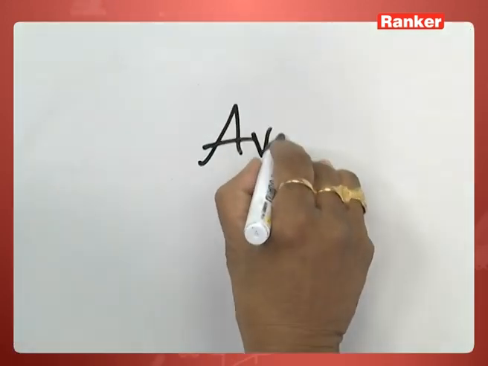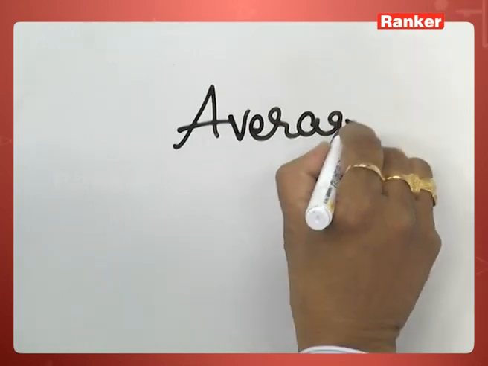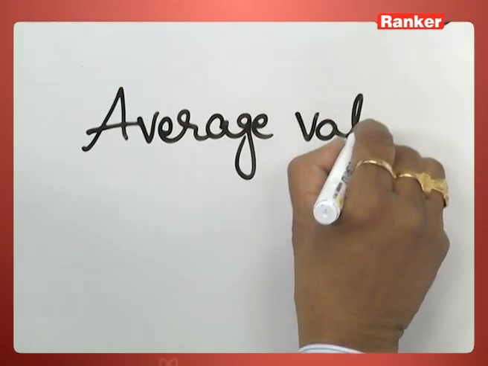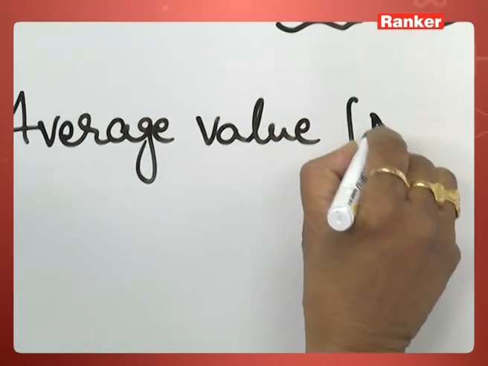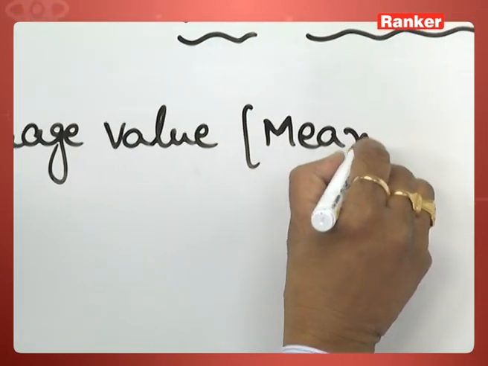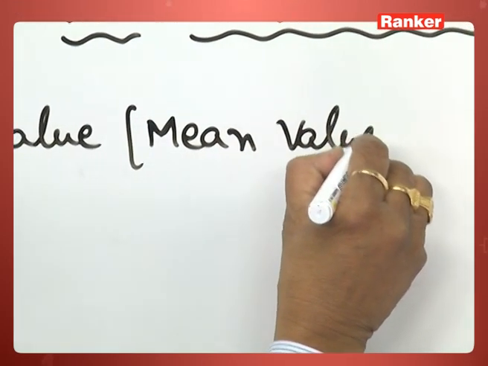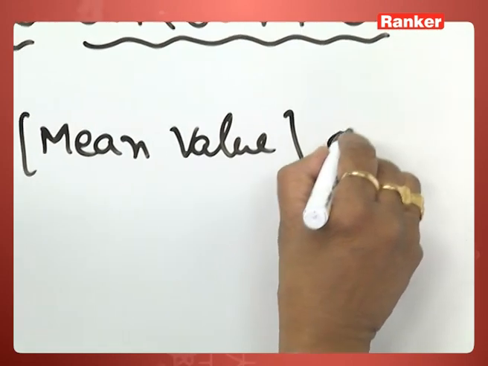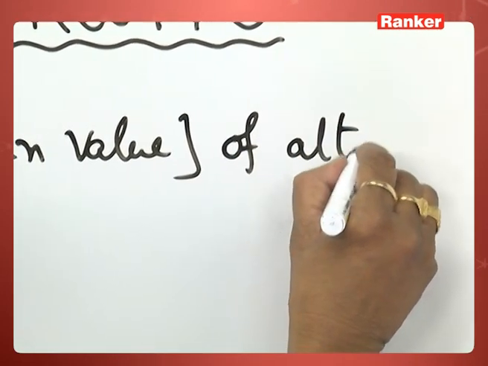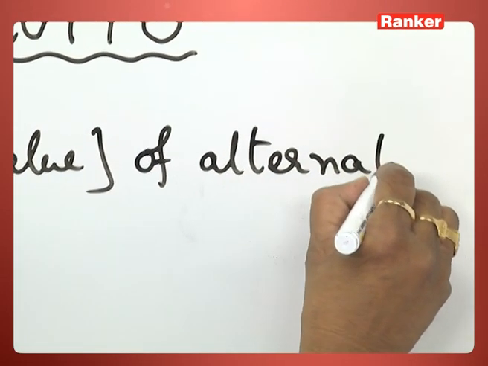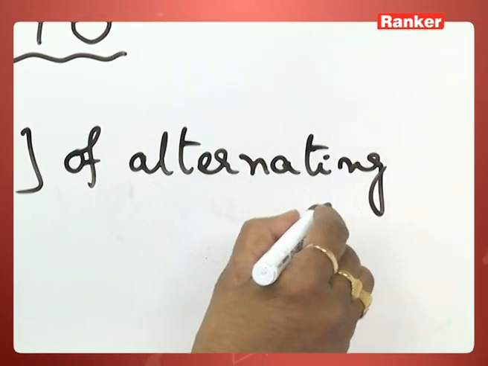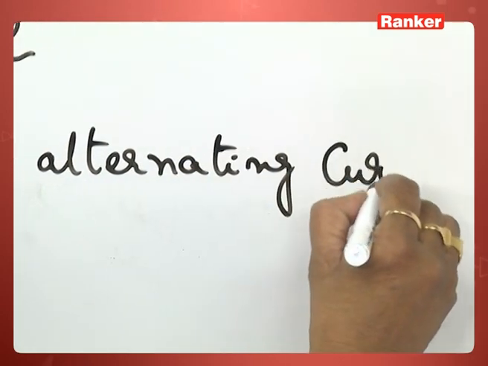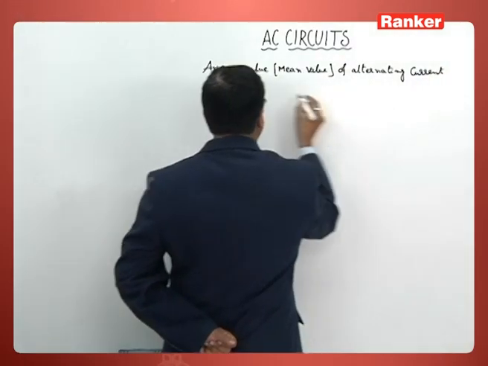I write average value, that also is called mean value of alternating current. That's what we just want.